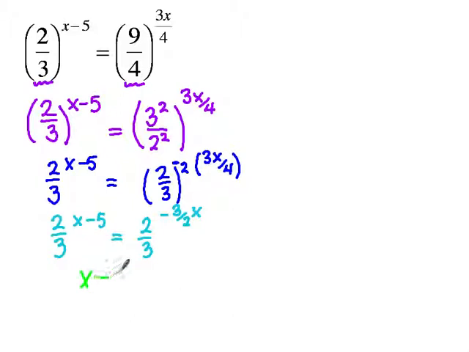Alright, so I get x minus 5 to equal -3/2x. I'm going to go ahead and just move over the x. So I'm going to subtract x from both sides. So I end up getting -5 to equal negative, how about -5/2x? For those of you wondering, this is -3/2, right?